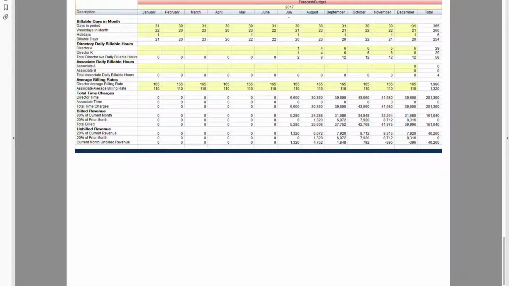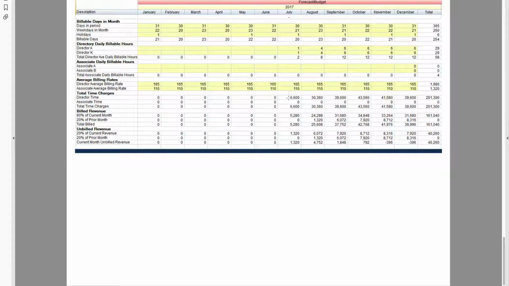A lot of times on these forecasts, we'll change December to be realistically 5 holidays as everyone disappears for the week between Christmas and New Year's. So what we have is the number of working days, a forecasted number of billable hours per day per director, and then we forecast the average billing rate.